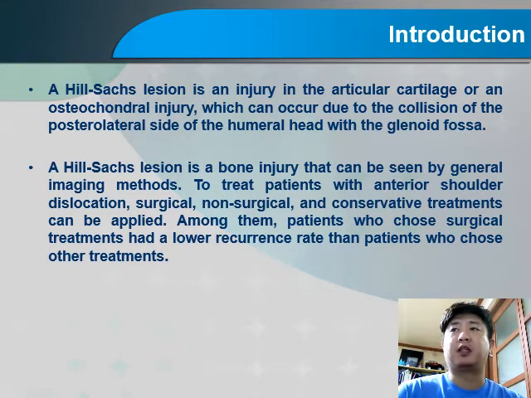To treat patients with anterior shoulder dislocation, surgical, non-surgical, and conservative treatment can be applied. Among them, patients who choose surgical treatment had a lower recurrence rate than patients who choose other treatment.